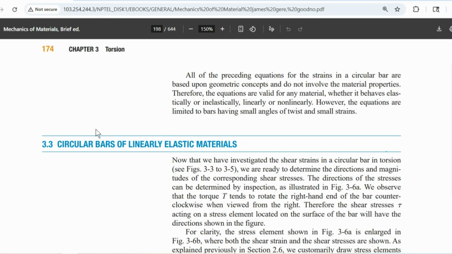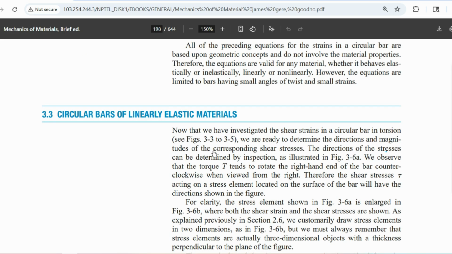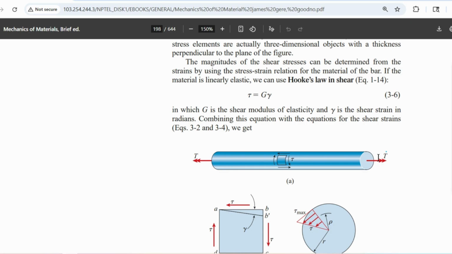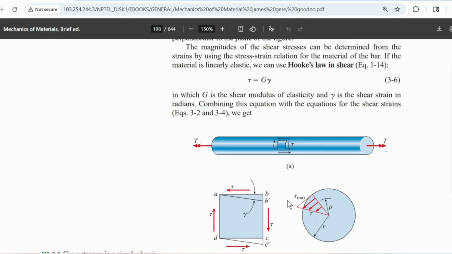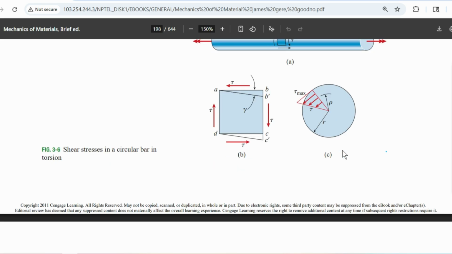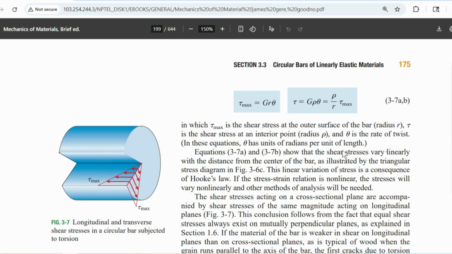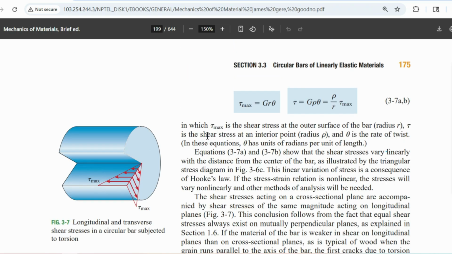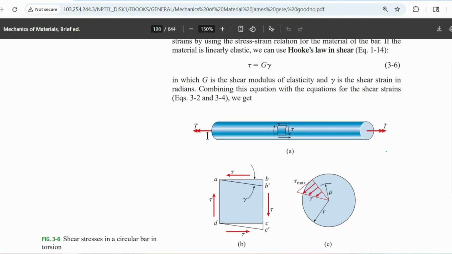And then the next thing is bringing in circular bars, just the linear elasticity of these, the fact that we apply a torque, we do get an angle of twist, and we develop stresses. We'd have to go talk about the stress, and we do this from just knowing that we can get this angle in shear to be a maximum.